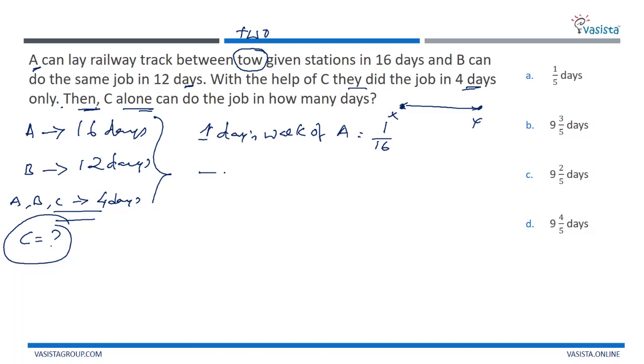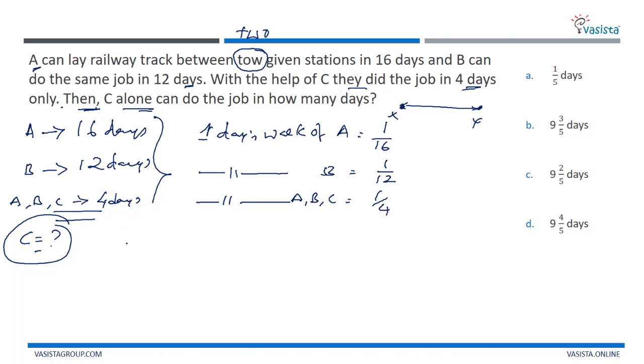Correct. Same, 1 day's work of B is equal to how much? 1 by 12. Correct. So similarly, 1 day's work of A, B and C is 1 by 4. Now, we are supposed to find how many days C can do the same work, right?